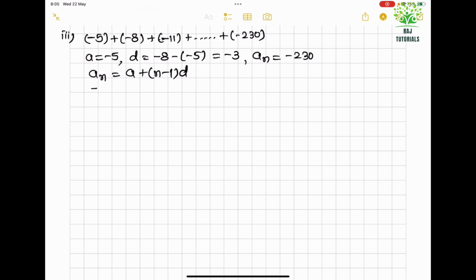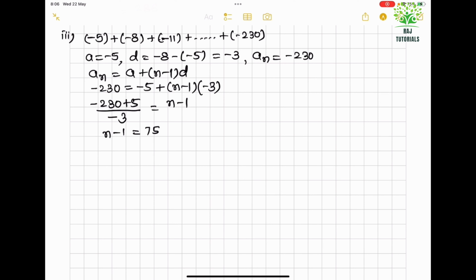So an is minus 230 equal to a, which is minus 5, plus (n minus 1) into d, which is minus 3. So I can say minus 230 plus 5 by minus 3 will be equal to n minus 1. So n minus 1 is coming to 75. So n will be 76.